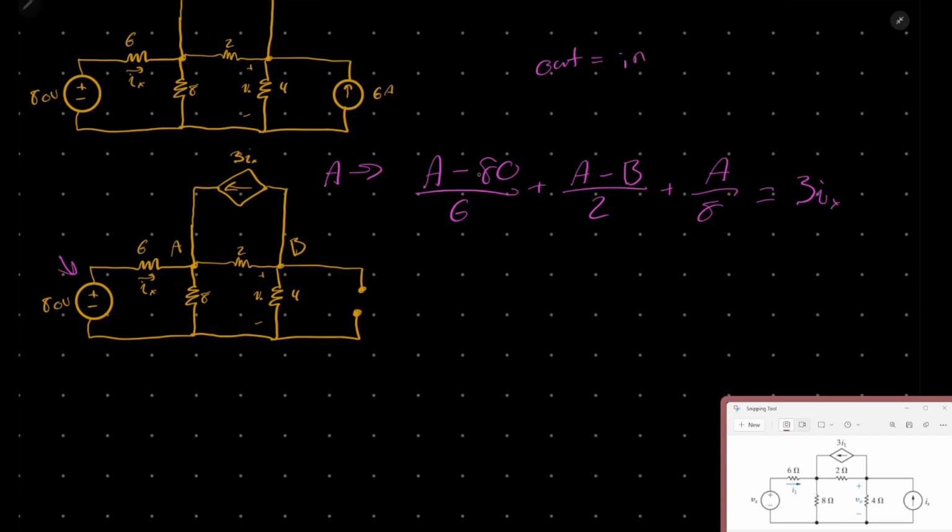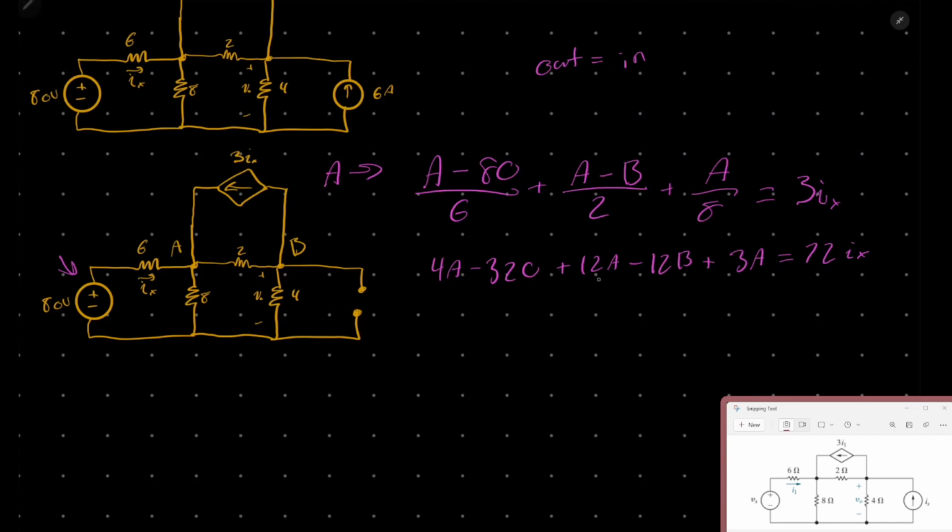So we'll multiply this top by 4, so we'll get 4a minus 320, plus, multiply this by 12, 12a minus 12b plus 3a equals, and then we just multiply this right side by 24. 24 times 3 is 72 ix.